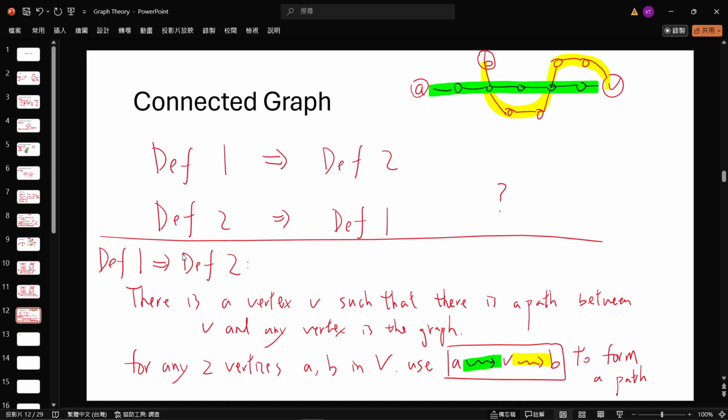So your definition has to somehow exclude this as a path, okay? So for example, let me give you a wrong definition for a path.